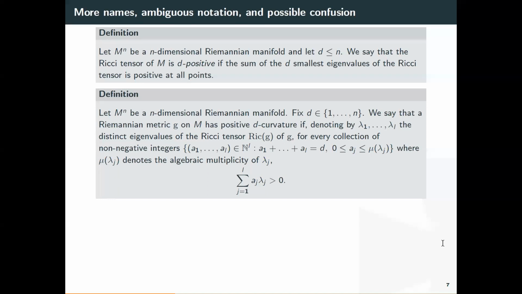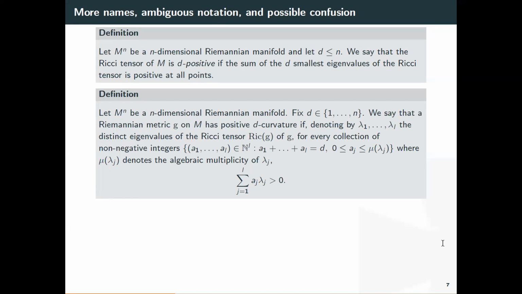Now we are saying positive D curvature if we denote by lambda 1 to lambda L the distinct eigenvalues of the Ricci tensor, for every collection of non-negative integers, so we have L non-negative integers that sum to D, where each can be zero or not, but constrained so that their sum equals D, and each of these is lesser than or equal to the algebraic multiplicity of the L-th eigenvalue of the Ricci tensor.